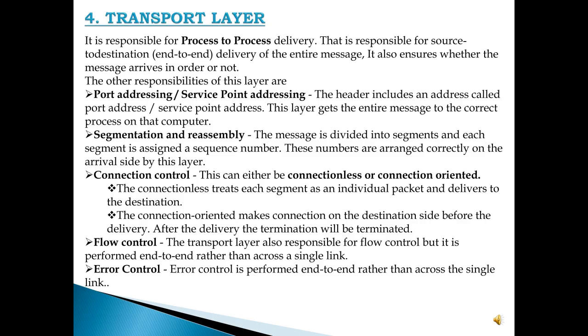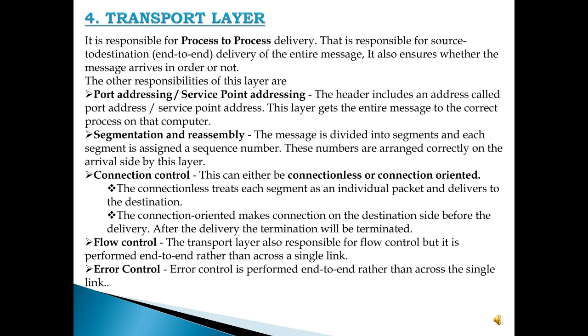Next we have segmentation and reassembly. The message is divided into segments and each segment is assigned a sequence number. These numbers are arranged correctly on the arrival side of this layer. Now, next we have connection control. This can either be connectionless or connection oriented.